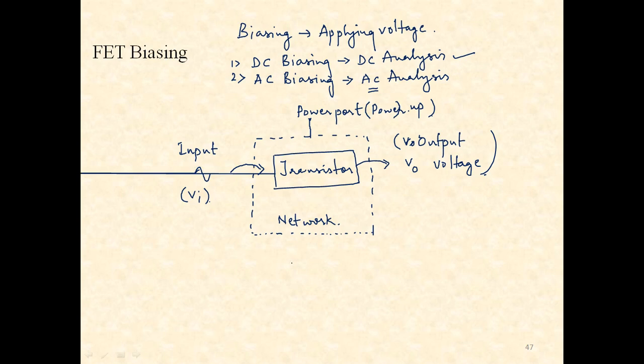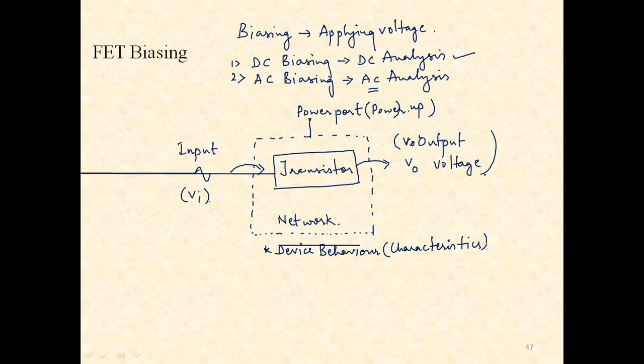Now there are two very important aspects here. The first is to find out the behavior of the device. Here the active device is the transistor. One is how the device behaves, the device behavior, or you can also call it device characteristics.